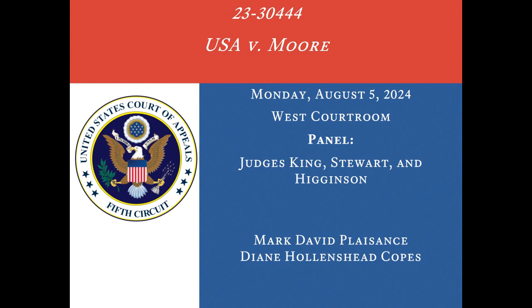So you get to 2A2.1(a)(1), the attempted murder guideline, which directs the court to use the 18 U.S.C. 1111 first-degree murder guideline if the object of the offense would have constituted first-degree murder.